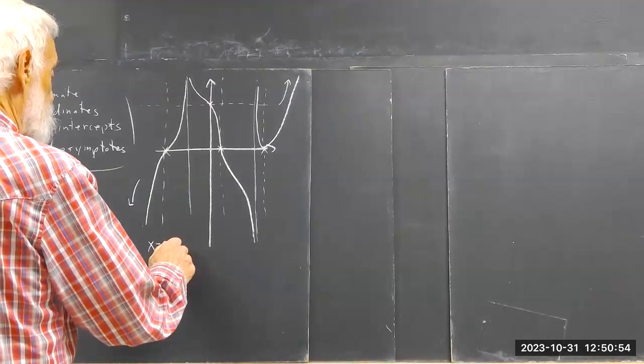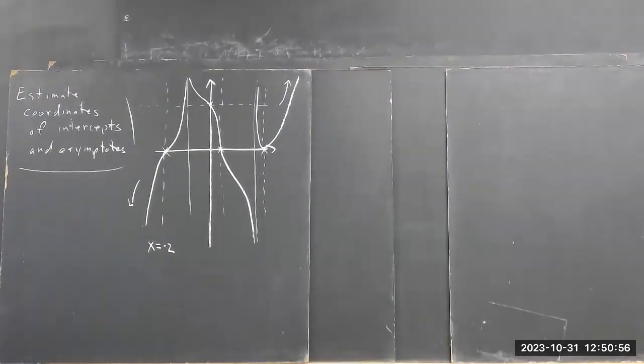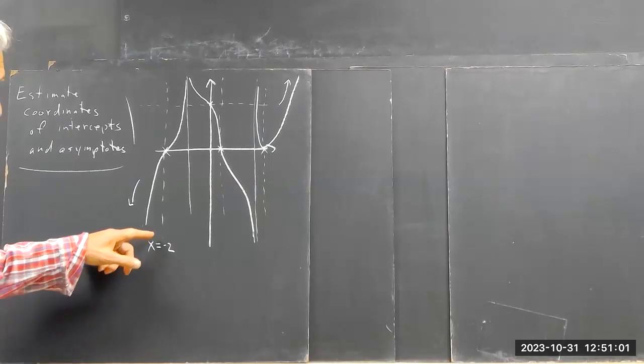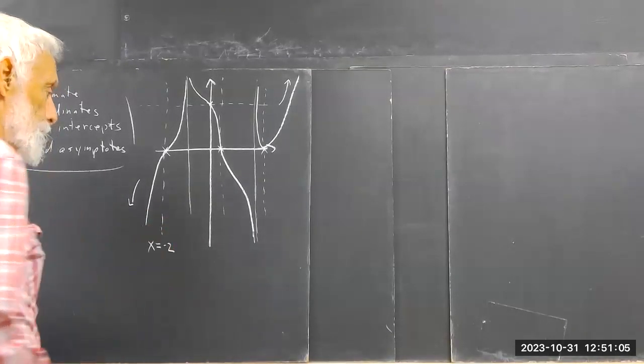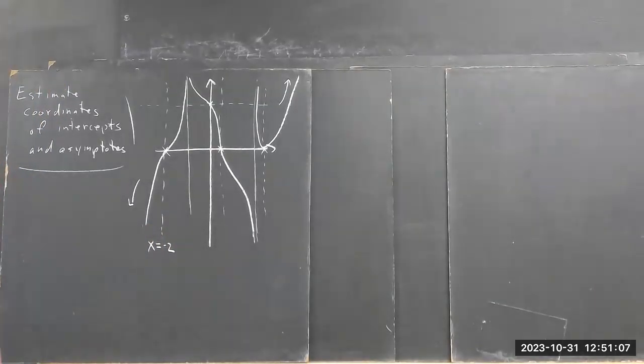It's actually -2. Okay, this is x equals -2. We label it right under the line. You've seen me do that 100 times, right? Get in the habit of doing it. It orients you toward what you're saying, okay? And you learn it better and faster.